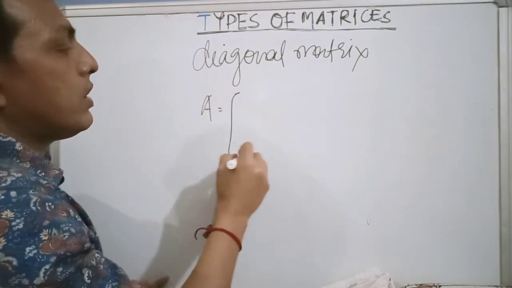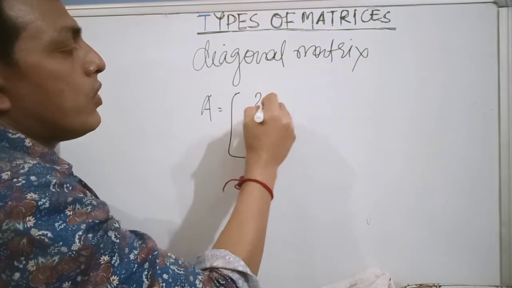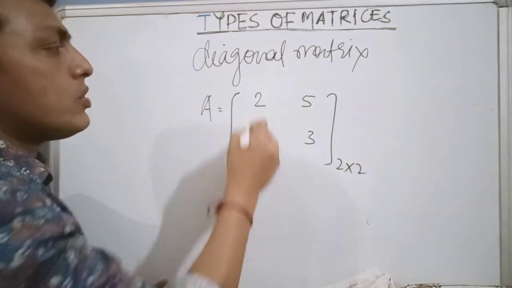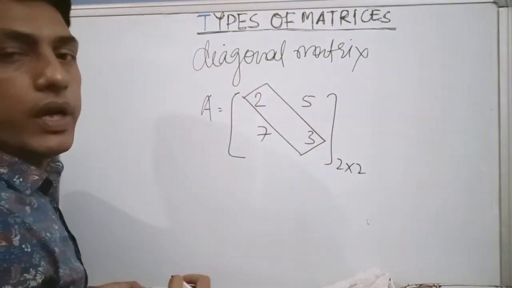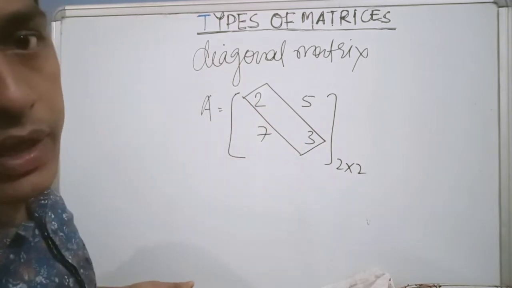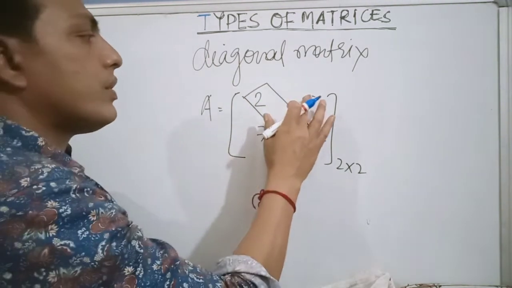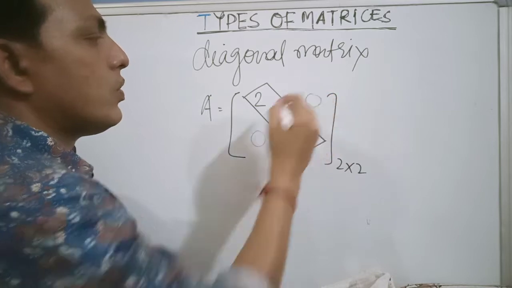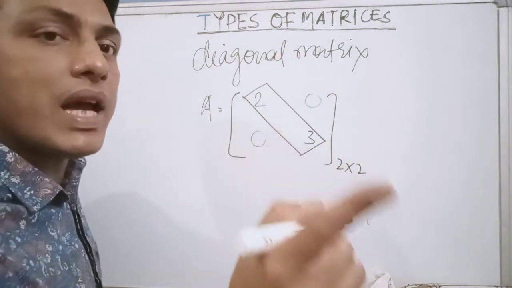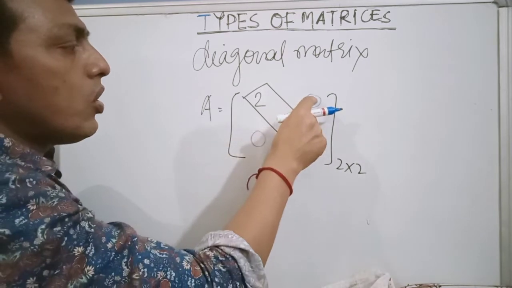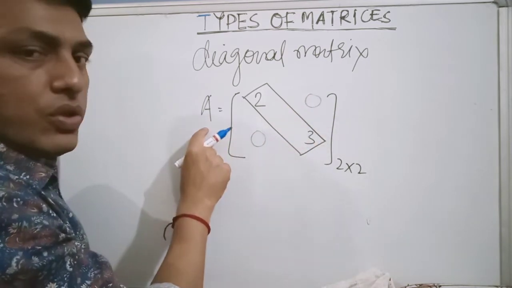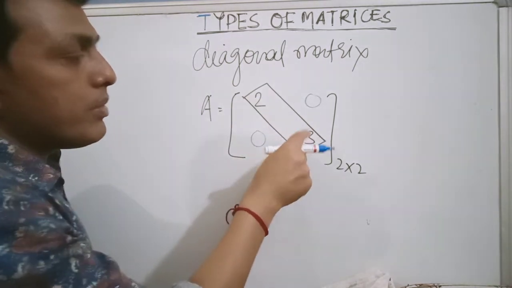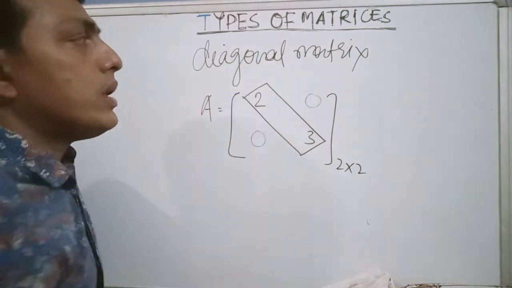For example, in a square matrix there is a leading diagonal and these are its elements. If the non-leading diagonal elements are 0 and the leading diagonal elements are not 0, it is called a diagonal matrix.